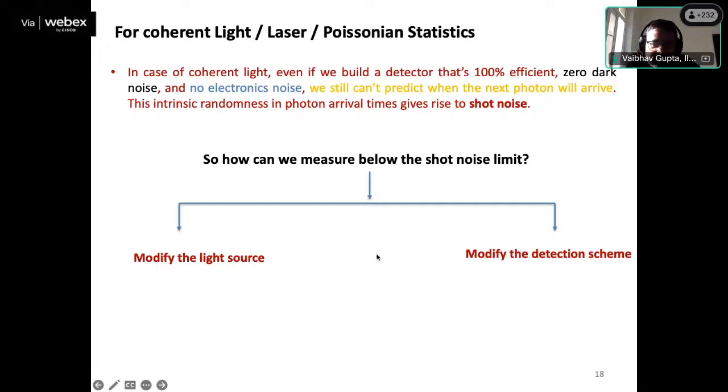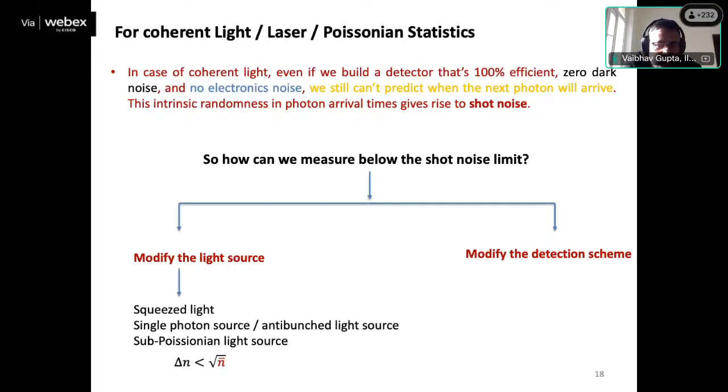I told you all the classical light sources, lasers, LEDs, have a problem with shot noise because the photons come with some statistics, and this statistics creates noise. So which kind of light should I create? I should create light which is sub-Poissonian in nature, meaning the fluctuations are very small, less than the root of the average number of photons.